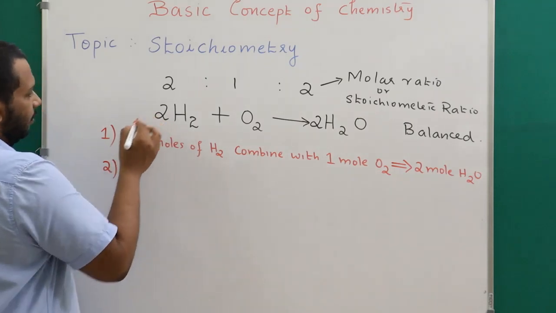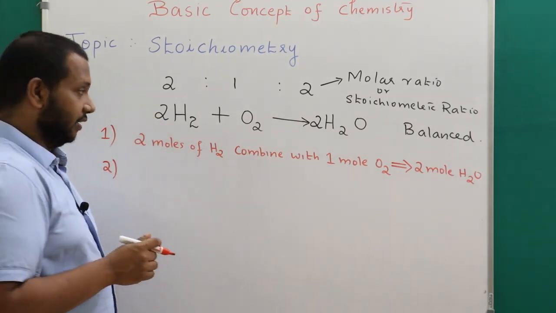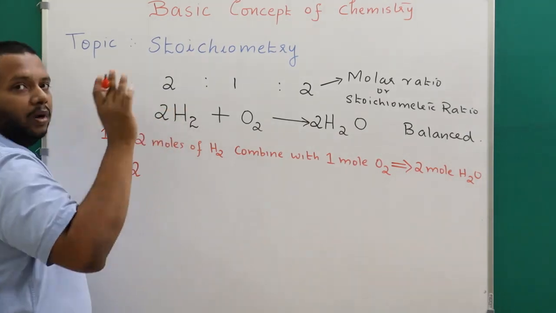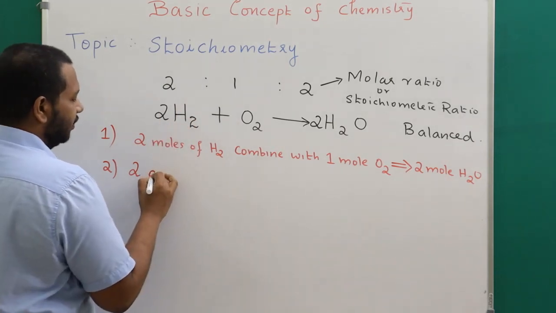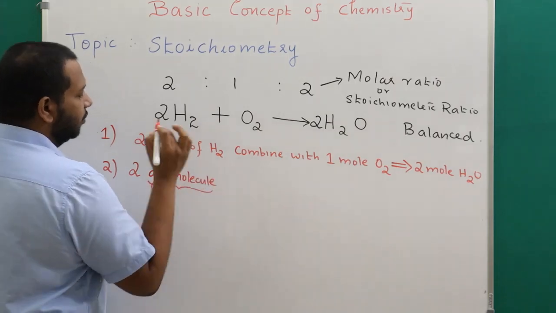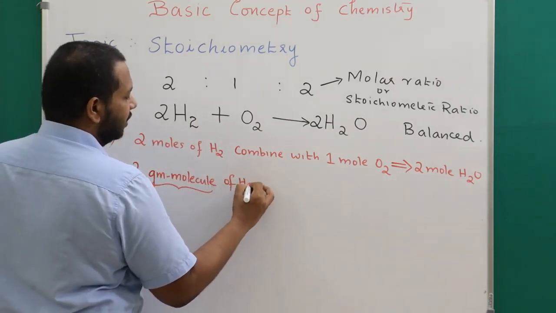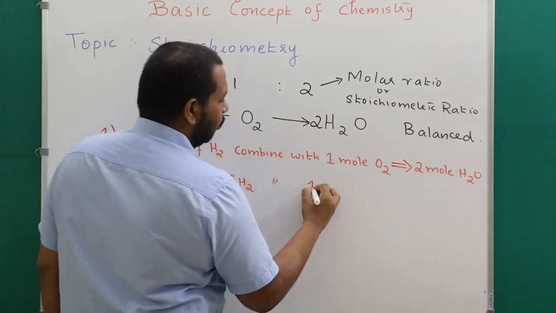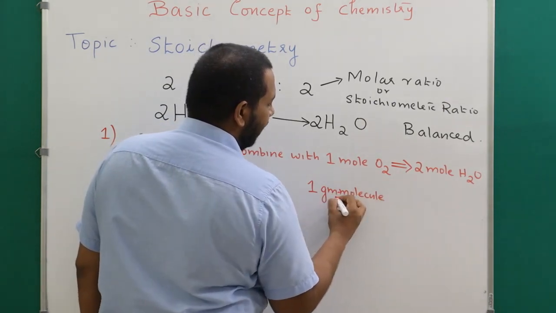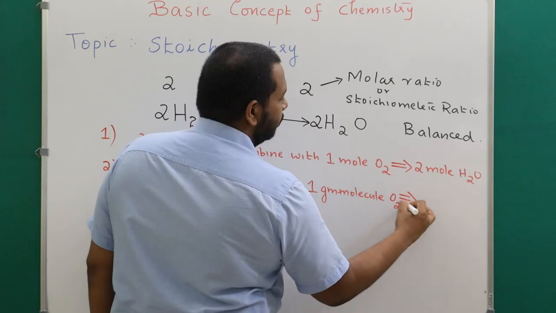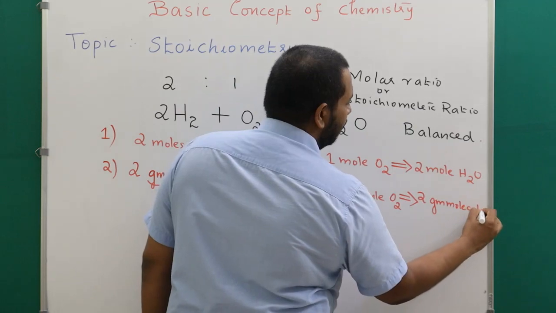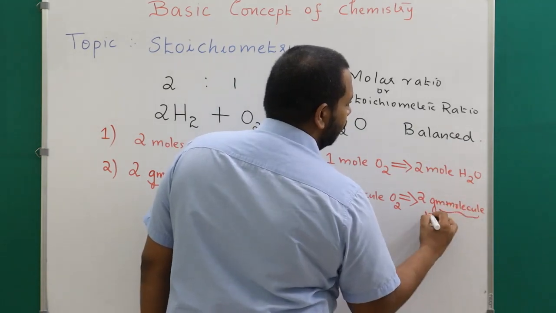Since it is a molecule, I can say it in gram molecules. 1 mole is equal to 1 gram molecule, so 2 moles is equal to 2 gram molecules. Again, this is a single term. 2 gram molecules of hydrogen combine with 1 gram molecule of oxygen to give 2 gram molecules of water.